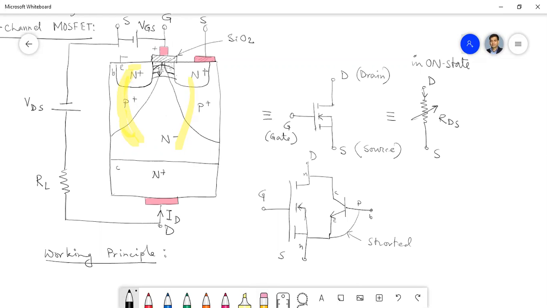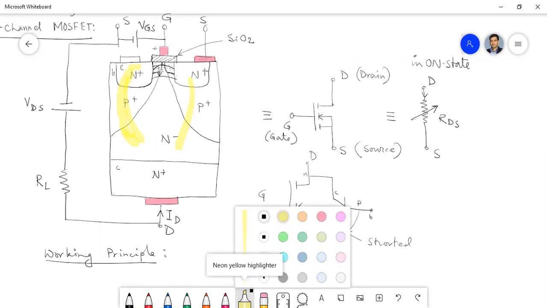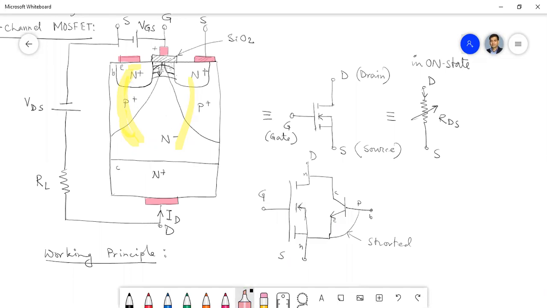Suppose we have a metal contact up to this. Now basically the base is floating. Unlike the previous case, here the metal contact is only with the N substrate, which is the emitter portion.